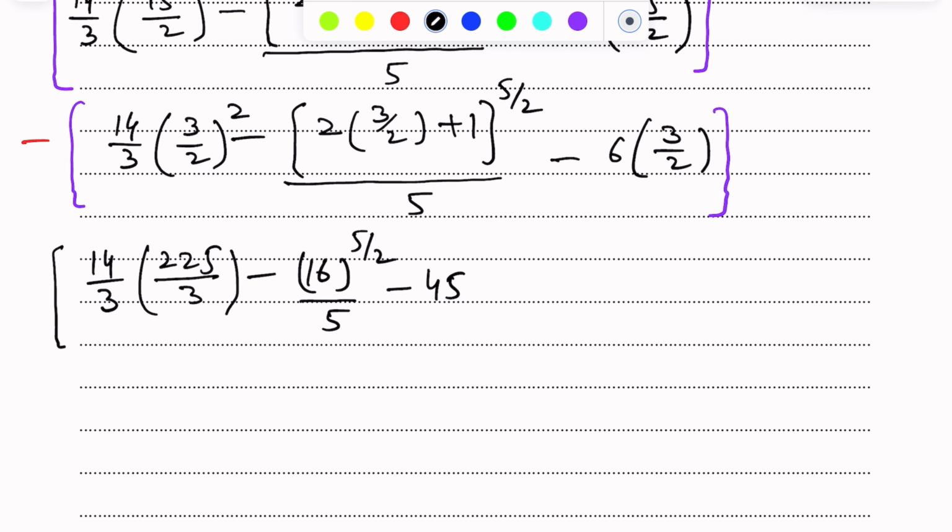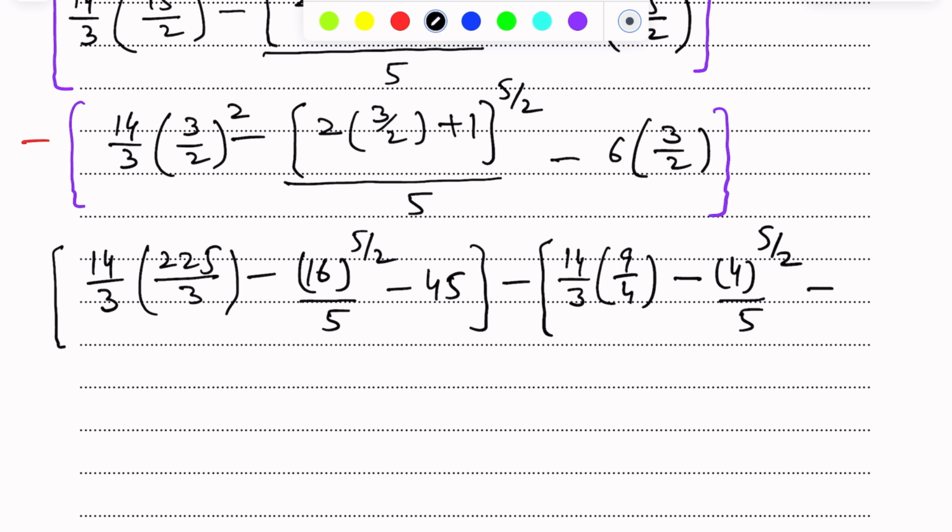This is the upper limit, minus the simplified terms where we have applied the lower limit. It becomes 14 over 3, 9 over 4, minus 4 to the power 5 over 2 divided by 5, minus 9.